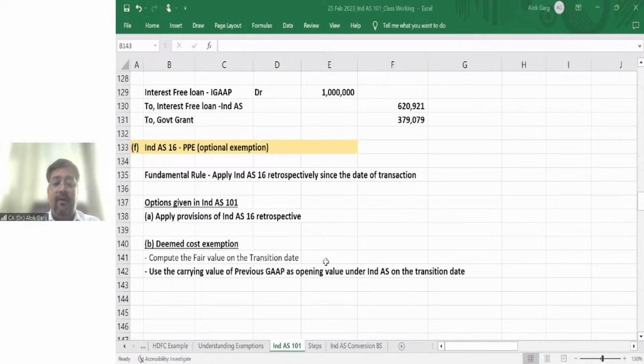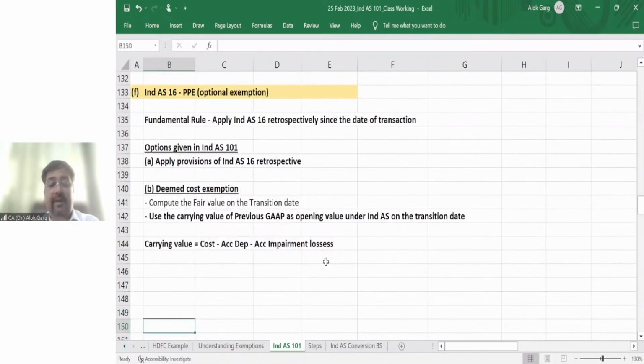What is meant by carrying value? You remember the carrying value defined in Ind AS 16. This means original cost minus accumulated depreciation minus accumulated impairment losses. Example, the cost is 100 rupees.